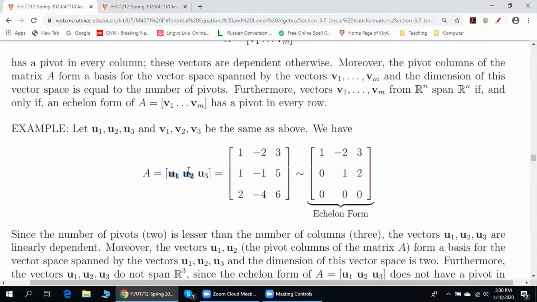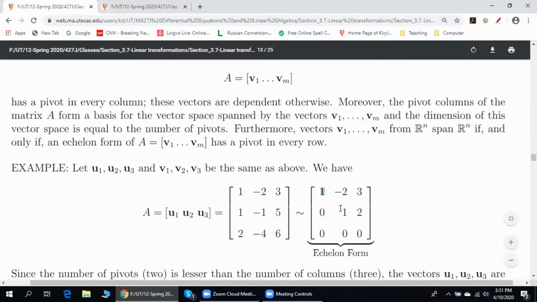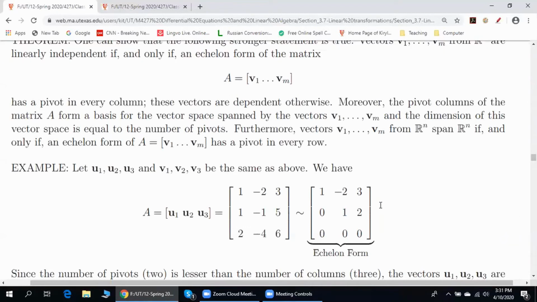I have a question. After we reduced that matrix into row echelon form, we receive a lot of information about the pivots and stuff. Can you repeat that information again? So the most important information is the number of pivots and location of pivots. Why do we need the number of pivots? Because we want to compare the number of pivots and the number of vectors.